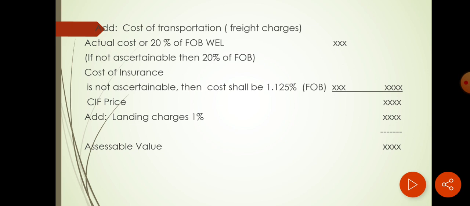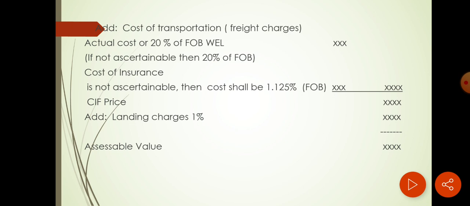Then you add one more adjustment, landing charges, which we call loading and unloading charges, at 1% of the CIF price. If you add landing charges, the total you get is treated as the assessable value or the transaction value. This is the procedure to calculate the assessable value or transaction value.